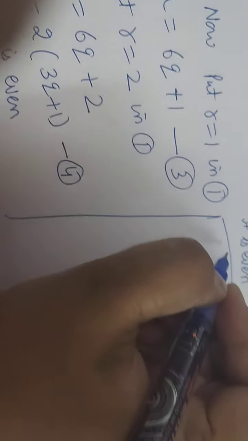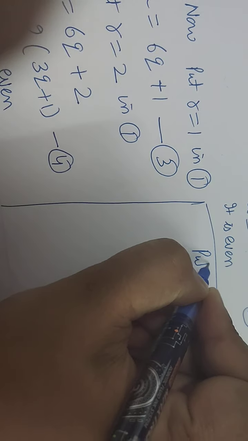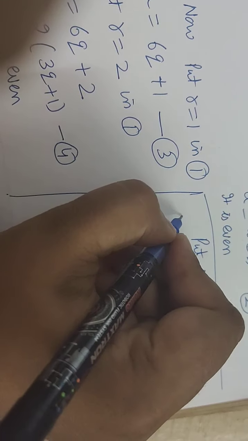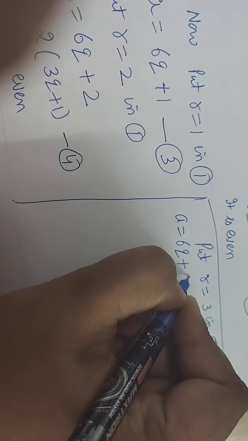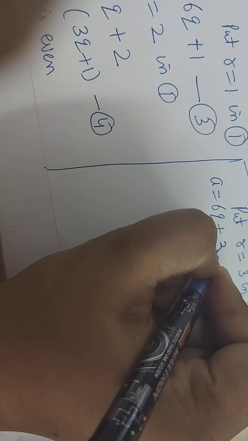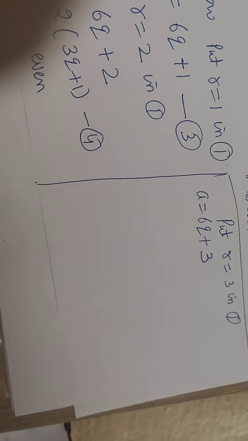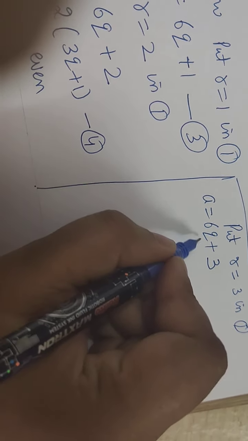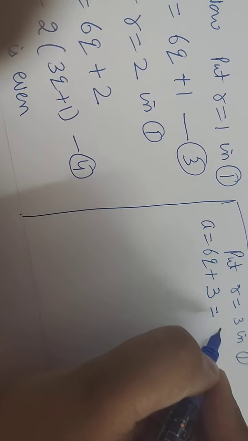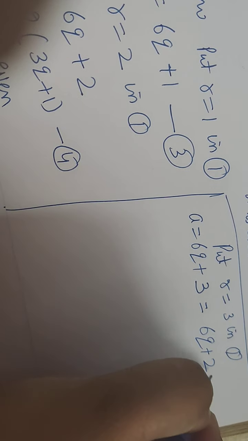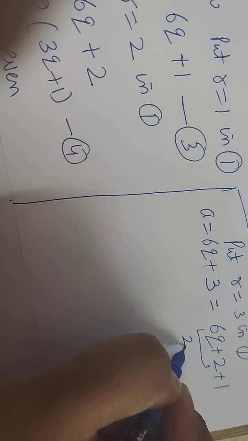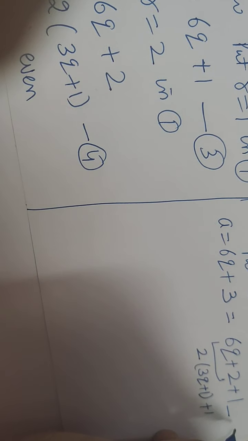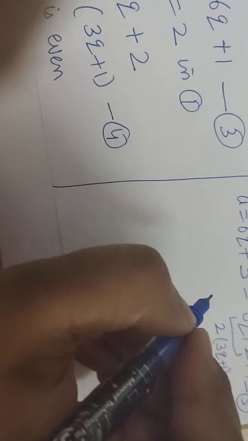Now put R is equal to 3 in 1. A is equal to 6q plus 3. Clear? Can I take 2 common from this now? No, because here there is 3. Even if I take it out, the form will be 6q plus 2 plus 1, of which I took out 2, but again the remainder is 1, so it is odd. Give it as number 5.